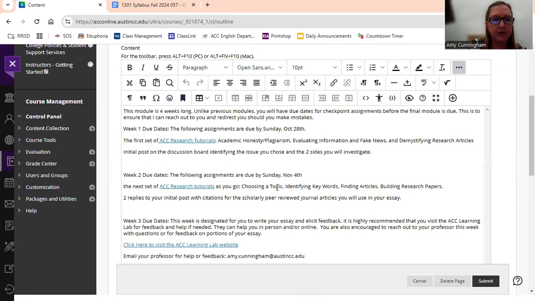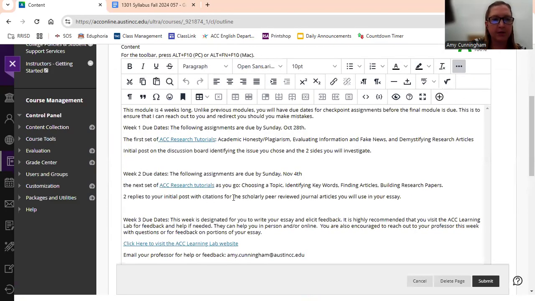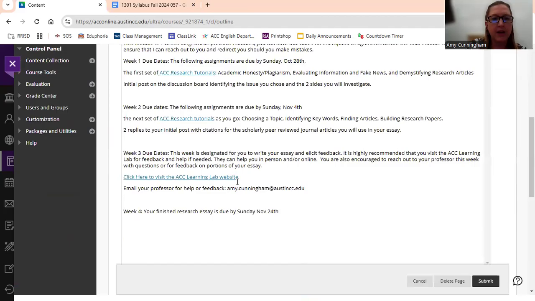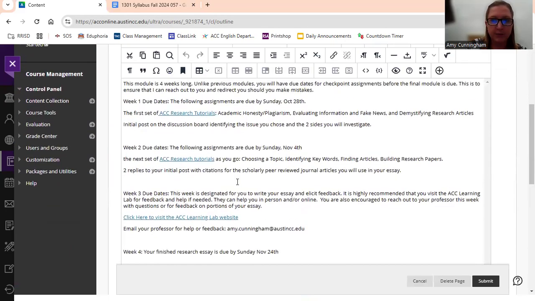And it shows each week there is something due. So it breaks it down a little bit more. And I'm actually already finding that this has been helpful for holding students accountable for keeping up with the work instead of just procrastinating. So I've been pretty happy about that. And I think I will go back into the rest of my modules and add a similar idea.